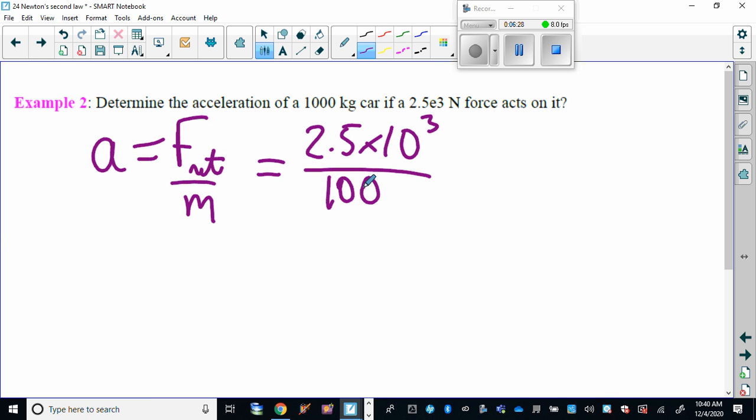So well, that's pretty easy. 2.5 times 10 to the 3 is 2.5 times 1,000. And so those thousands are just going to cancel out. So what's the acceleration of the car going to be? 2.5 meters per second squared.